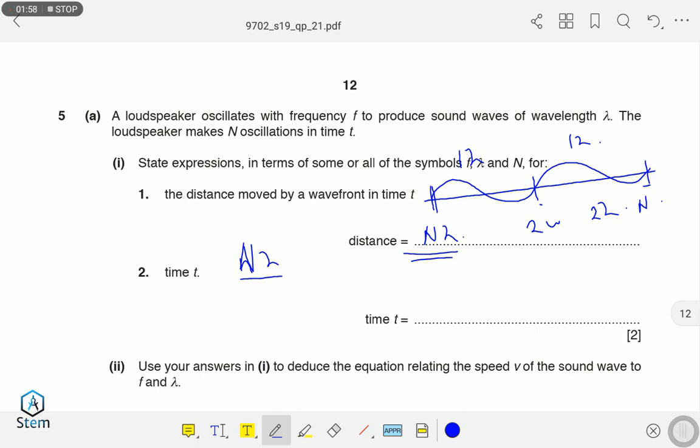The speed of the wave would be f lambda. The speed of any wave is equal to f lambda. Now if we cancel out the lambda, we are going to have time t is equal to n divided by f.